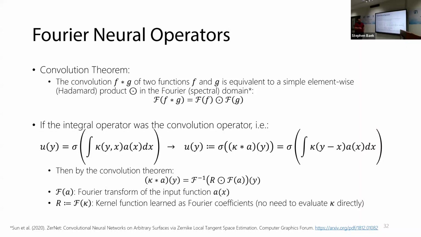Everything just happens in the Fourier space. You just need to multiply element-wise. So at the end of the day, it becomes the usual neural network operation. You have a vector, take an element-wise product of those coefficient vectors, and that's how you could implement the operator using the Fourier transform.